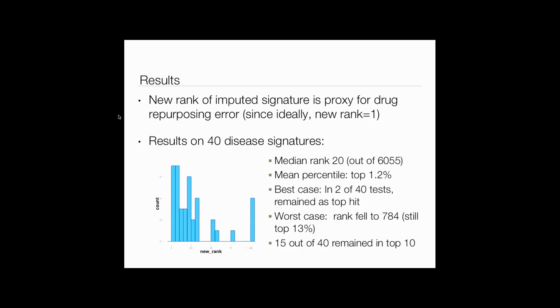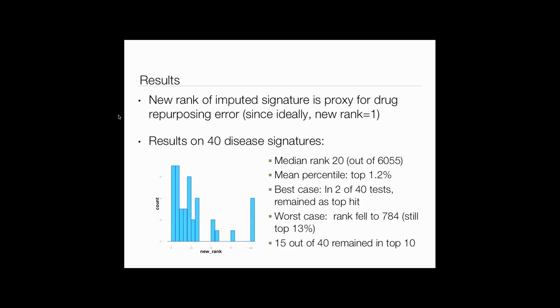The mean percentile was that these imputed signatures remained in the top 1.2%. In the best case, in 2 out of 40 of the tests, the imputed signature remained as the top hit for the disease. In the worst case, the signature fell to a rank of 784, which is in the top 13%.